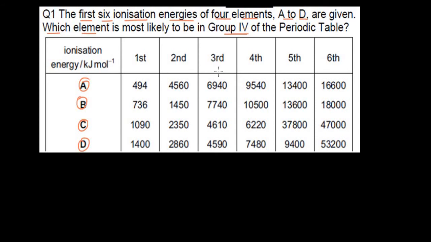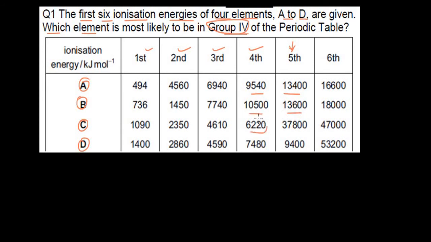The reason is that if the element is in group 4, then there should be a gradual increase in the first 4 ionization energies, and then the fifth ionization energy should be very, very high, because the fifth electron is in the next shell, which is much closer to the nucleus. So if you compare the first 4 ionization energies of these 4 elements, we can see that there is a gradual increase in elements A and B between the 4th and 5th ionization energy.